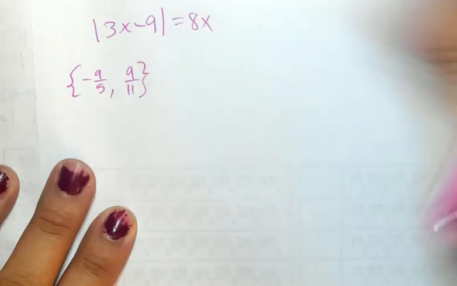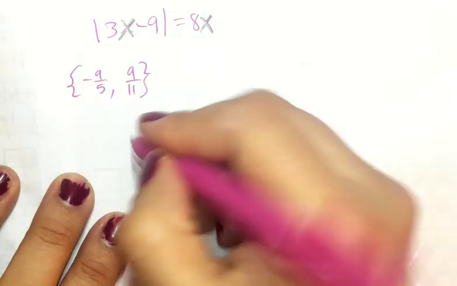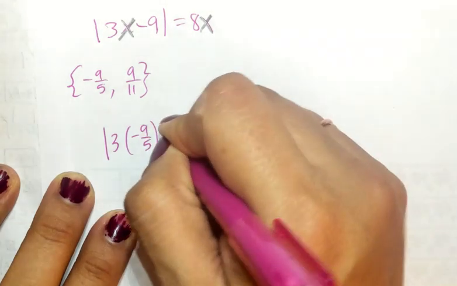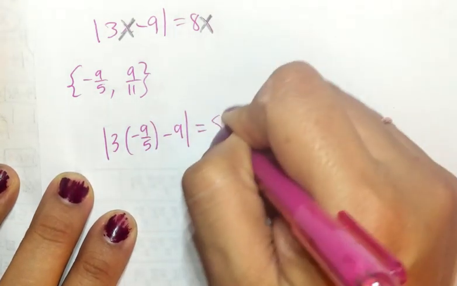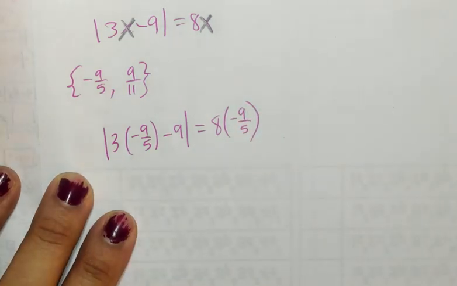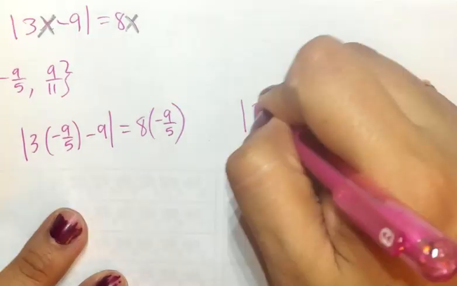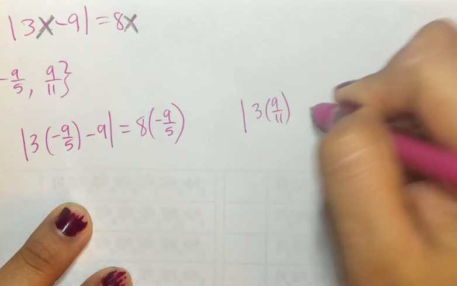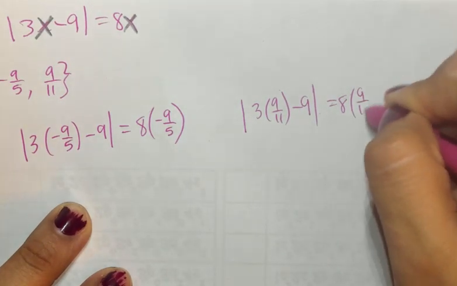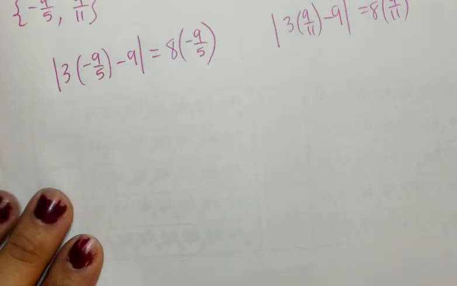So if I plug them in here for the x, it will look like this. Absolute value of 3 times negative 9/5 minus 9 equals 8 times negative 9 over 5. Then the other one will be absolute value of 3 times 9 over 11 minus 9 equals 8 times 9 over 11. And of course, many of you would rather not do this by hand.